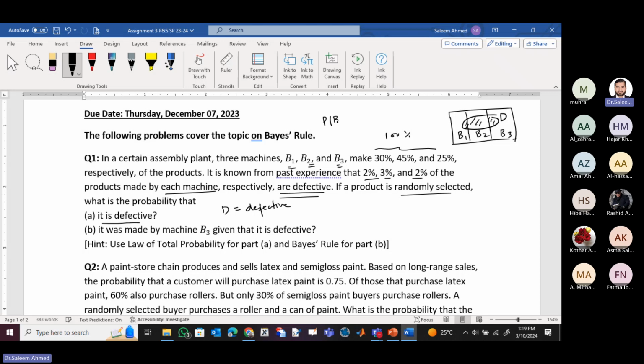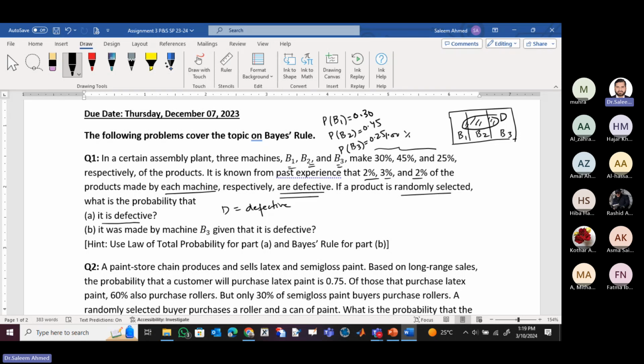What is the probability that a product is made on machine 1? The three machines B1, B2, B3, we can call them M1, M2, M3 as well, M for machine. Probability of B1 is 30%, so 30% are made on B1. 45% are made on machine 2, which is the probability that an item is made on machine 2, and 25% on machine 3.